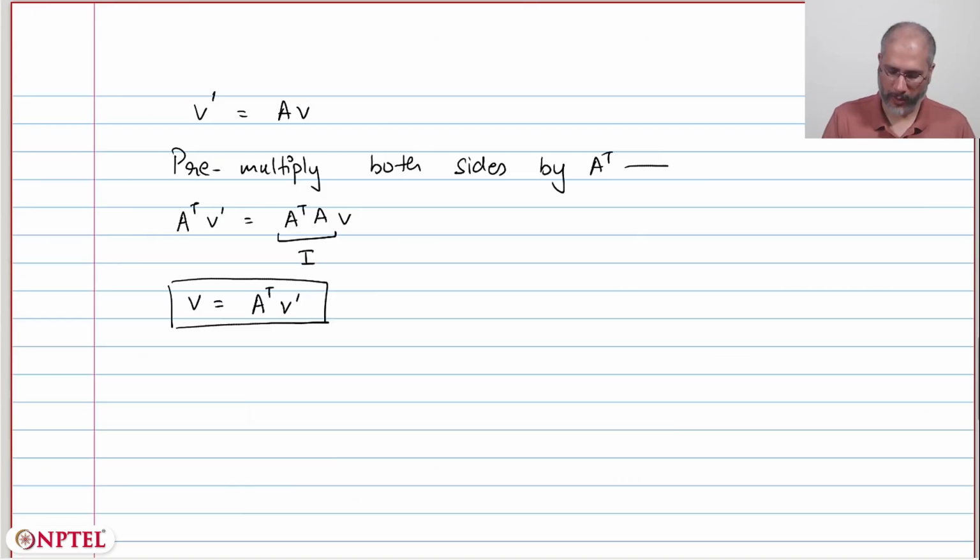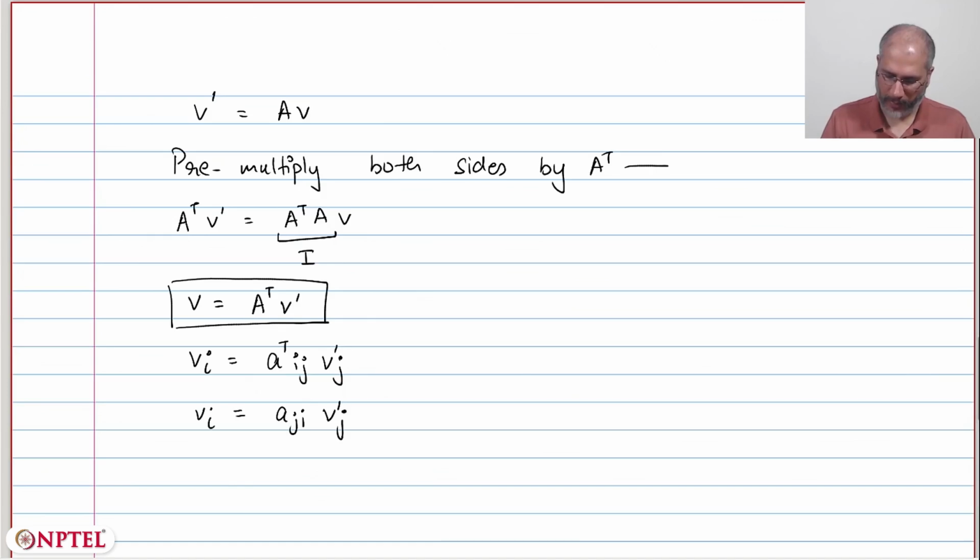Or in the index notation, we can write Vi equals A transpose ij V prime j. Now since A transpose ij is the ji term of A, we can replace it with that.